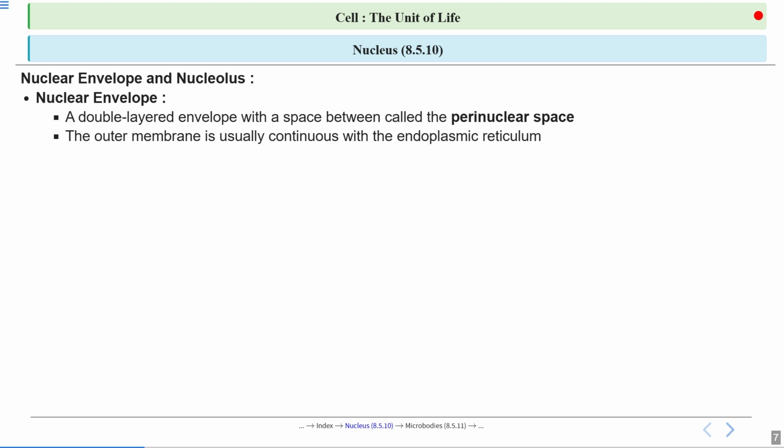We have already discussed there is an organelle which is in close association with the nuclear envelope, attached to it. Which is that organelle? That is the endoplasmic reticulum, ER. So the endoplasmic reticulum is continuous with the outer nuclear membrane.